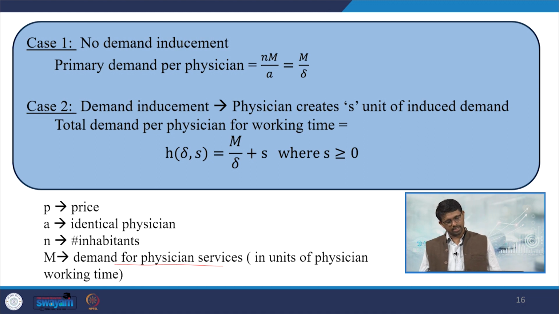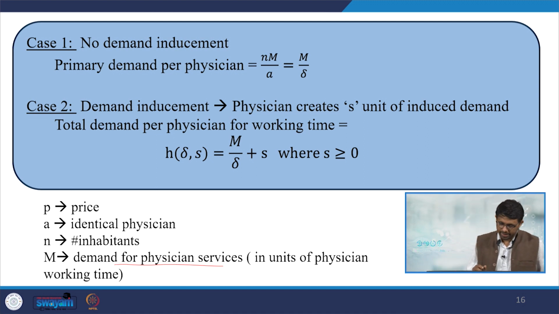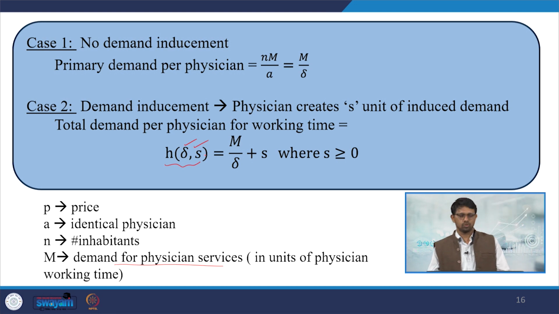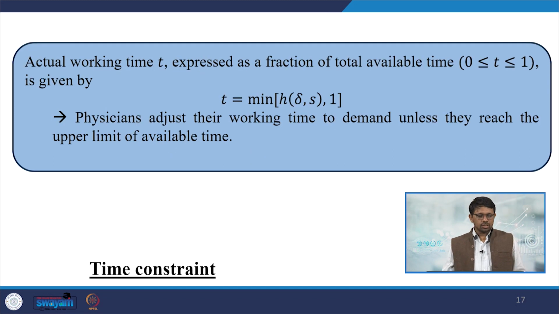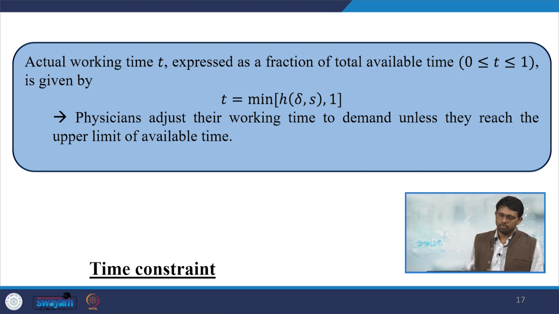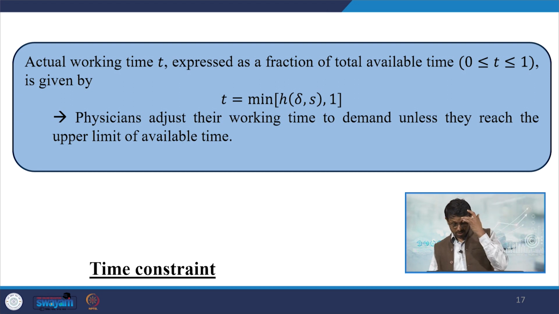Then only we say that H is a function of delta and S, which we define as supplier-induced demand, SID. Now, actual working time is, let it be T, expressed as a fraction of total available time, with a maximum available fraction of 1 and the other limit 0.